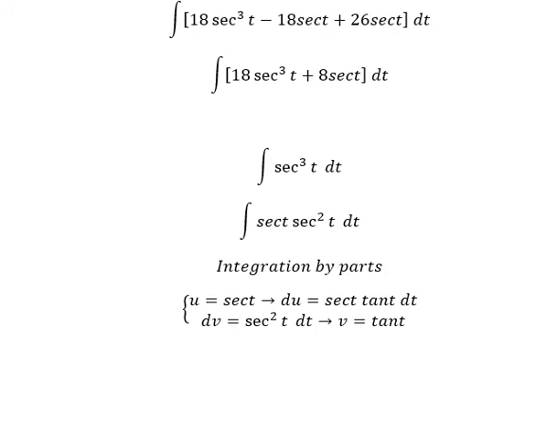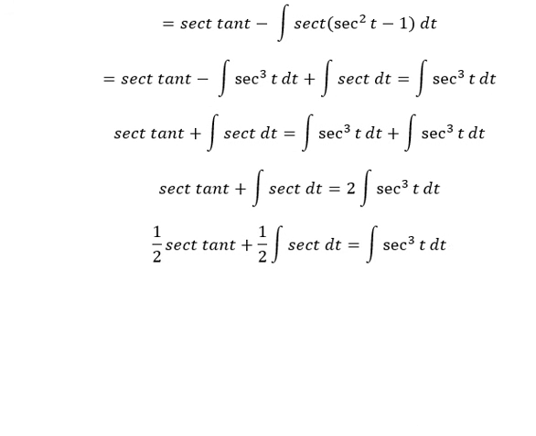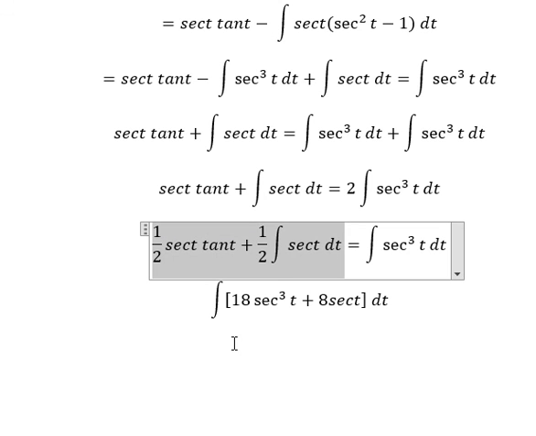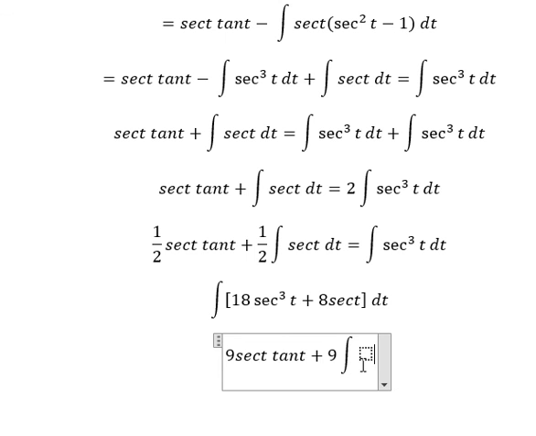Now we go back to this one. We have 18, so we will multiply by this one in here. And you get 18 divided by 2, you get 9. Plus 9 with the integration of secant t dt.